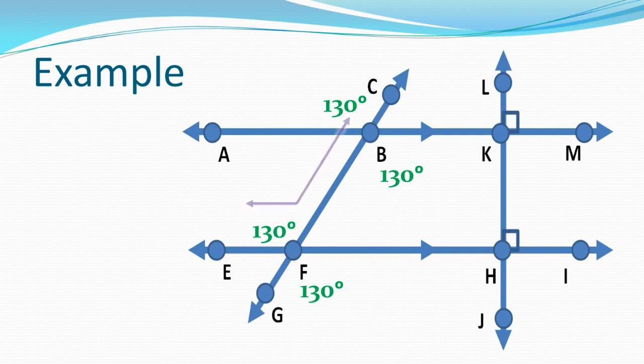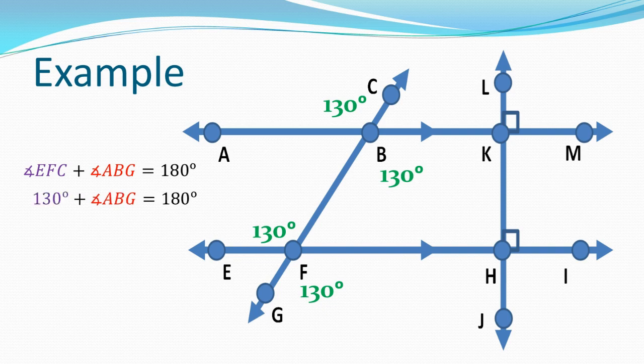We have ABG and EFC, which are consecutive angles. So they add up to 180 degrees. So if I know that EFC equals 130, ABG I do not know, and 180 degrees is the total, I just need to solve that one-step equation. 180 minus 130 gives me 50 degrees. Using that piece of information, I can now find the remaining angles. On your own, solve for those remaining angles.